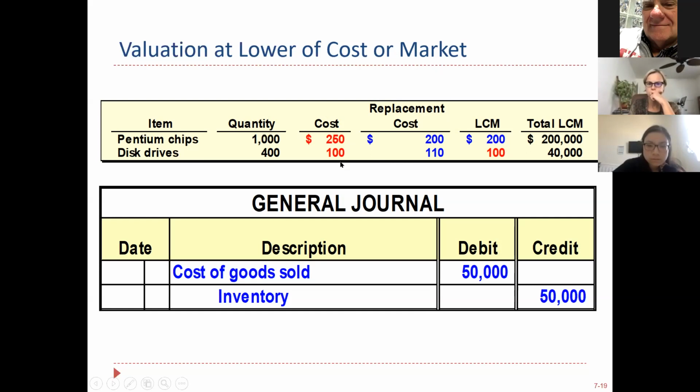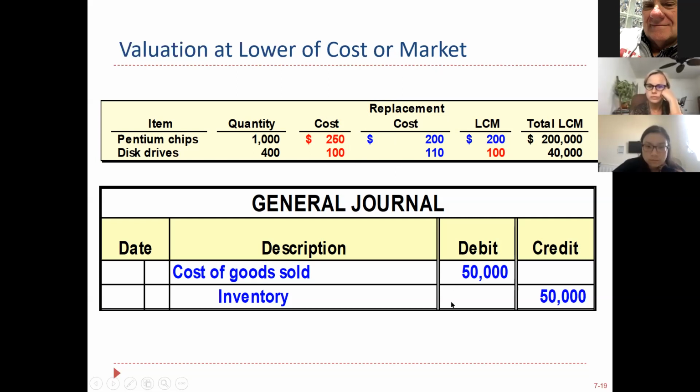What's lower, Kate, cost or market? It looks like cost is lower. Cost is lower, which means we don't have to do anything. We're good.